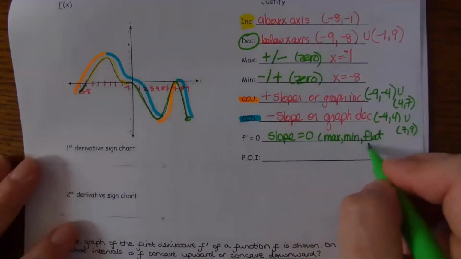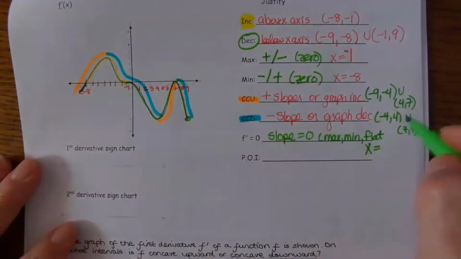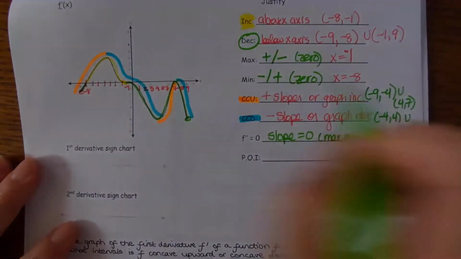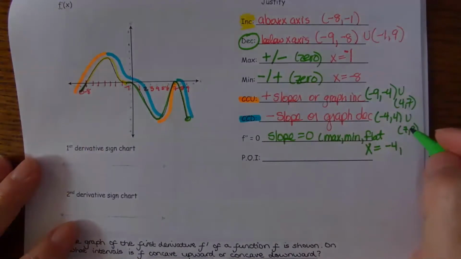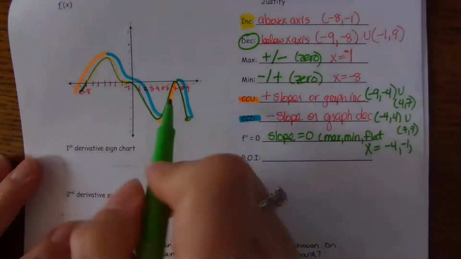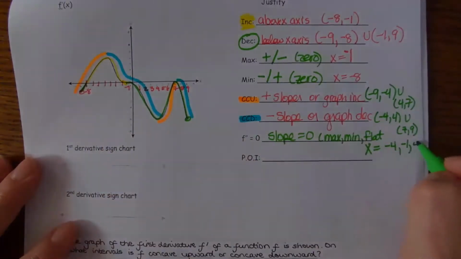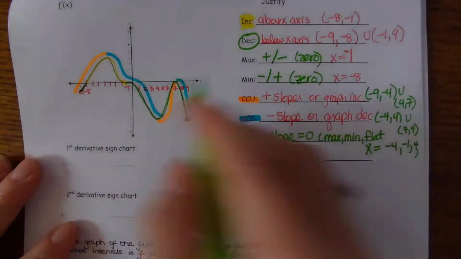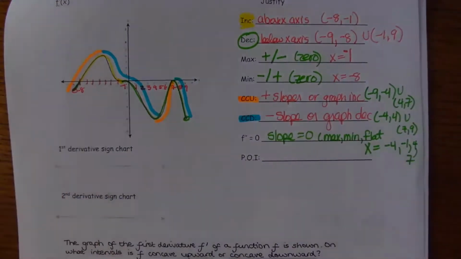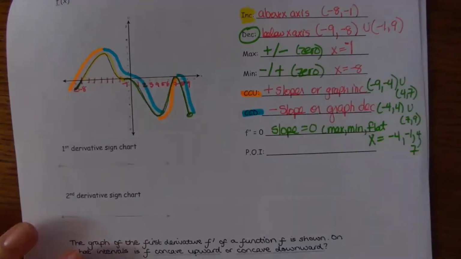Where do you see a max, a min, or a flat? -4, -1, right? 4 and 7. So the second derivative is 0, right?